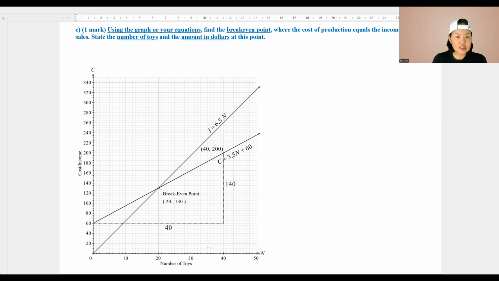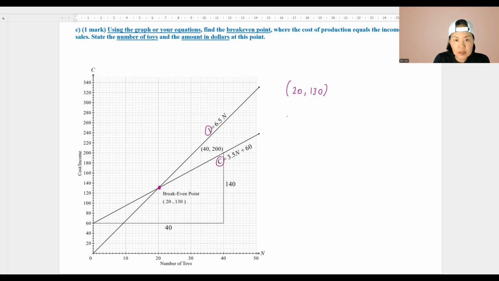Okay, this is a much neater, nicer graph. So break-even, as we know, it was at n equals 20 and the cost was $130. So that's my break-even, when the equation of I and the equation of C meet together. So my break-even point is 20 and 130.